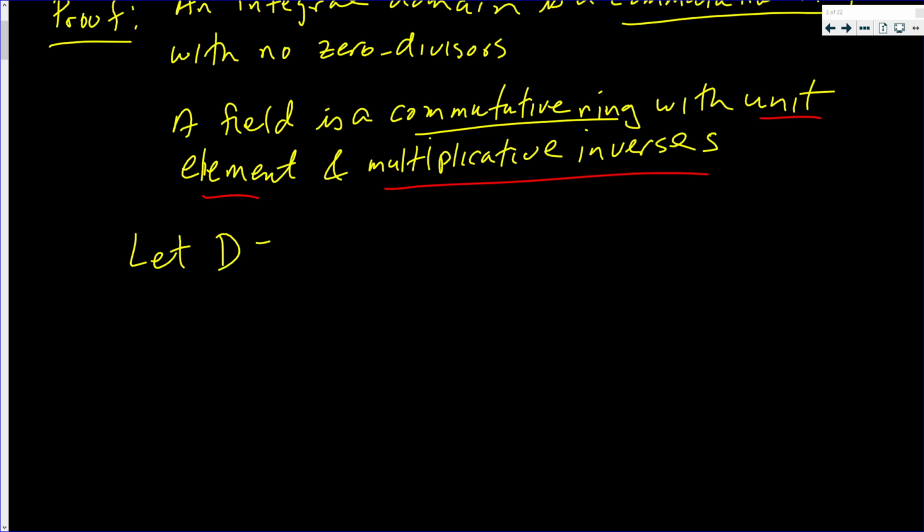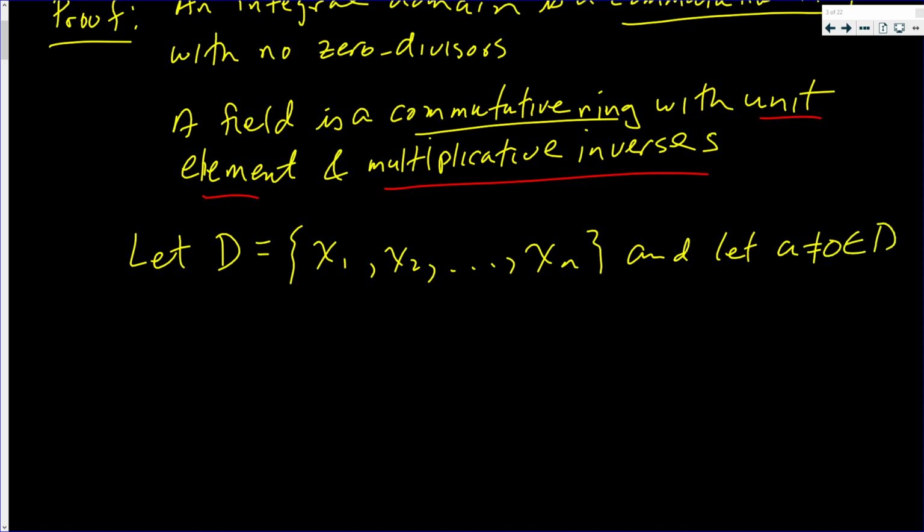Let the integral domain D be the set x1, x2, all the way up to xn. So it has n elements. And also, let a not equal to 0 be in the domain. That is, it's one of those. Now consider D prime, where every element in D gets multiplied on the right by a.